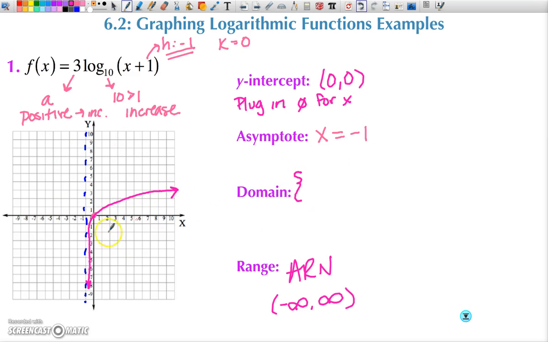Well, domain is going to be based on where our asymptote is. So our h, our domain, our asymptote all go hand in hand. So x, such that x is greater than -1, which means we're starting at -1 and going off until positive infinity. And we use parentheses because it's never actually going to be -1.